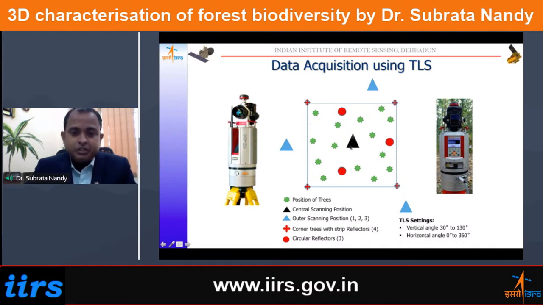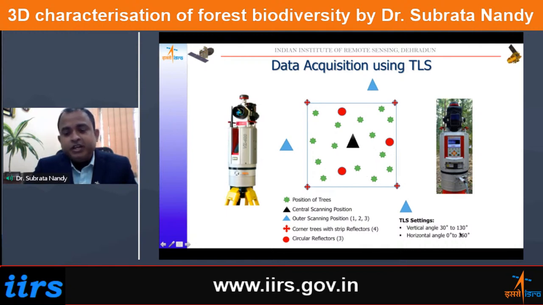We generally scan from the center. The problem is, suppose this tree is behind that tree, then I won't get information about it. Moreover, when I'm scanning, there may be a nearby tree very near to the scanner.